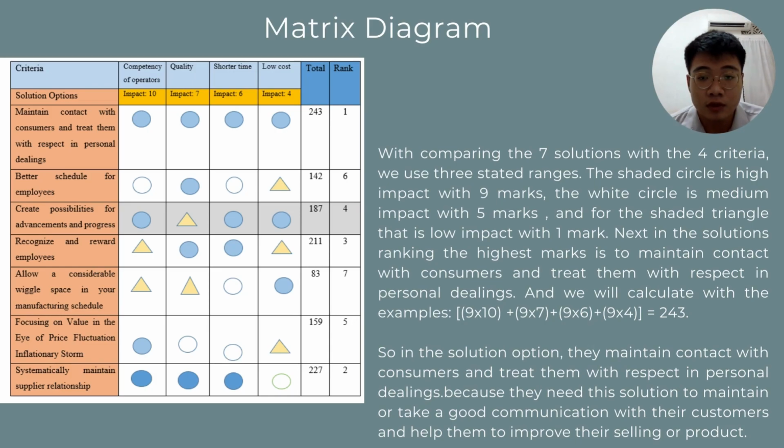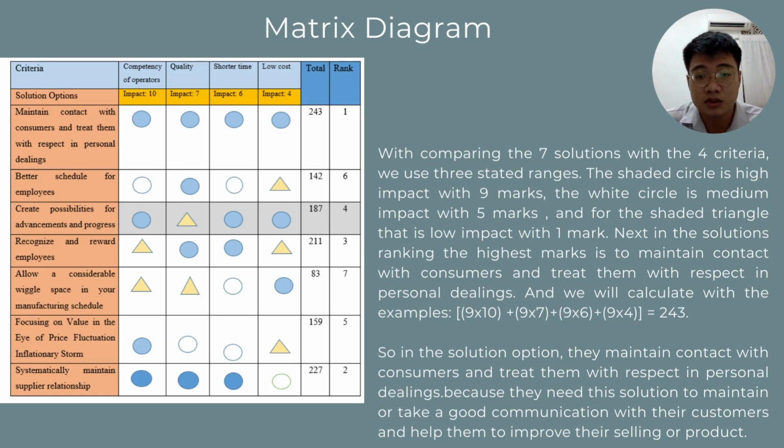Okay, now I will continue with the use of the matrix diagram for the solution. Comparing the 7 solutions with the 4 criteria, we use 3 stated ranges. The shaded circle is high impact with 9 marks, the white circle is medium impact with 5 marks, and the shaded triangle is low impact with 1 mark.